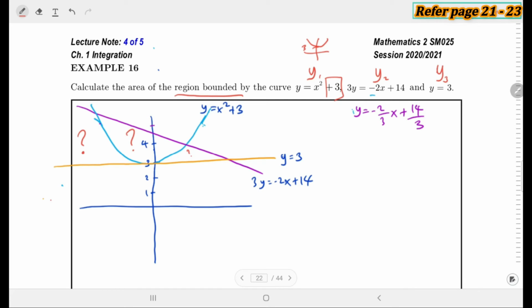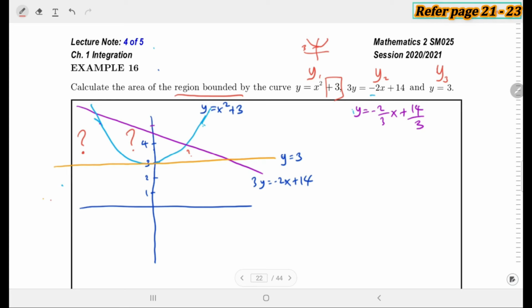If you see here guys, I have sketched this by using 3 colors, so that you could see the difference between the curves, between the lines. The question tells us this region must be bounded by the 3 curves, the 3 functions.